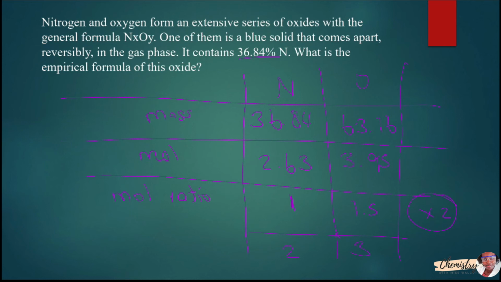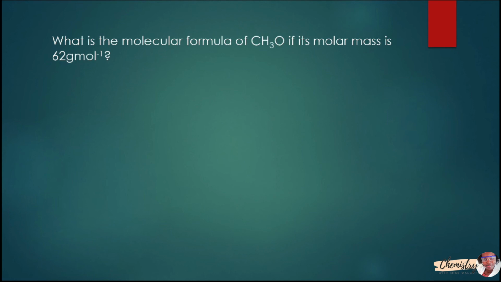And now that we have both of them as whole numbers, we can go ahead and write our empirical formula. So again, mole ratio tells us how many of each element is there. So our empirical formula is N2O3.